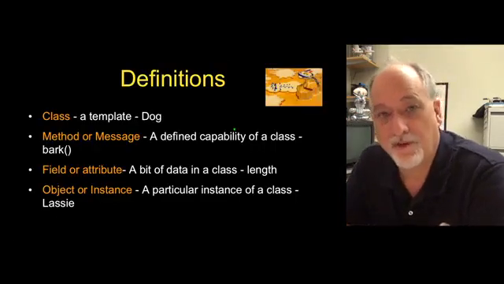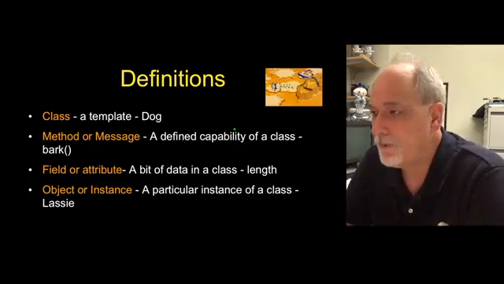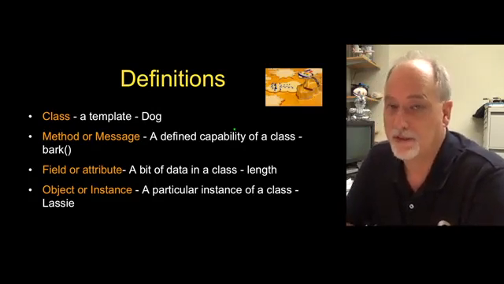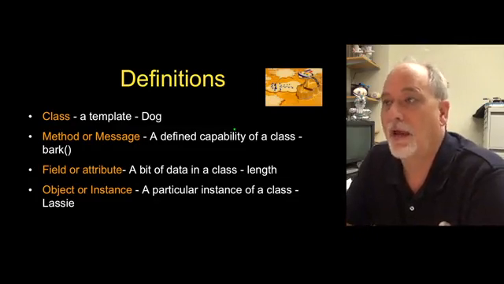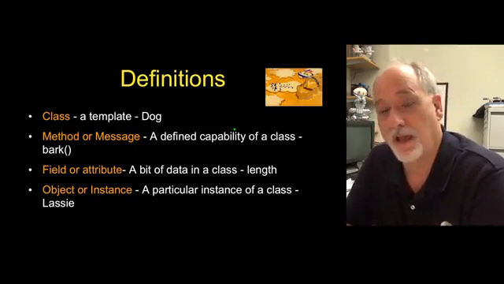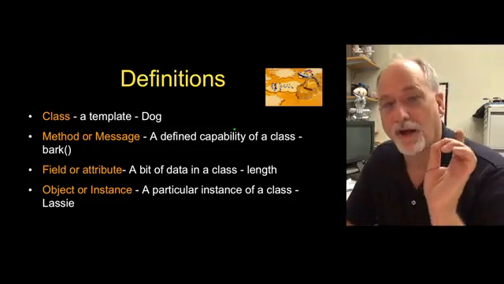So, some definitions in this space, words that I want you to understand. When we create one of these objects, or instances, that has some data in it and some code in it, we have to be able to define the shape of this object. What code will each object have in it, and what data will each object have in it? That's called a class.